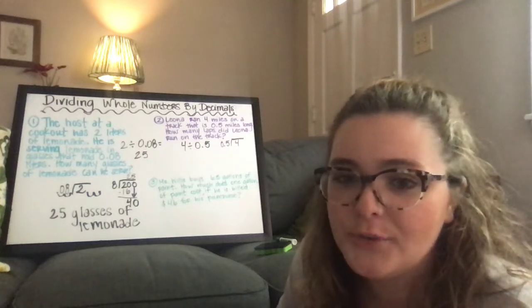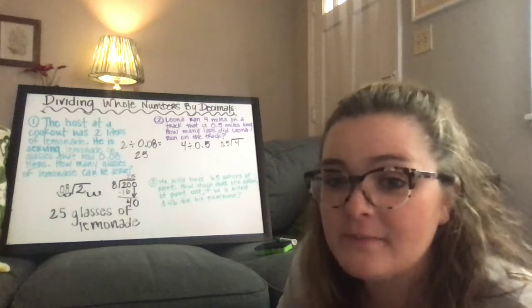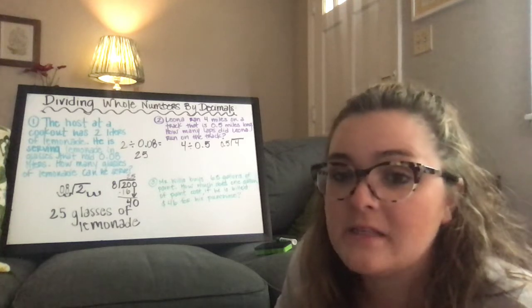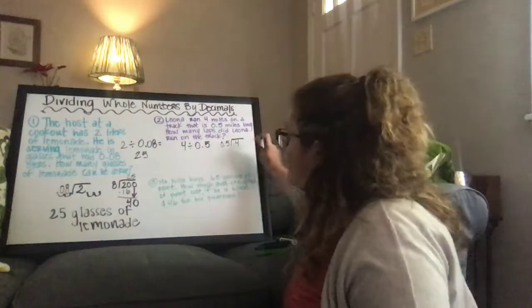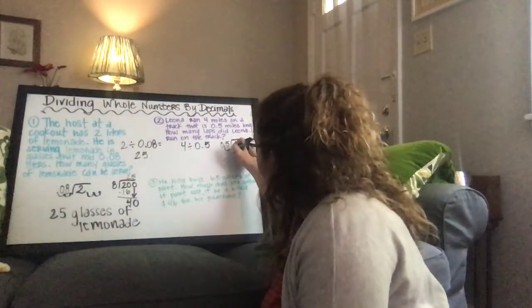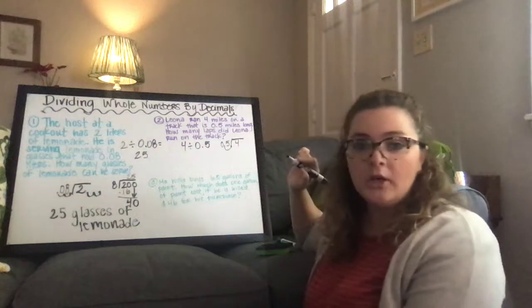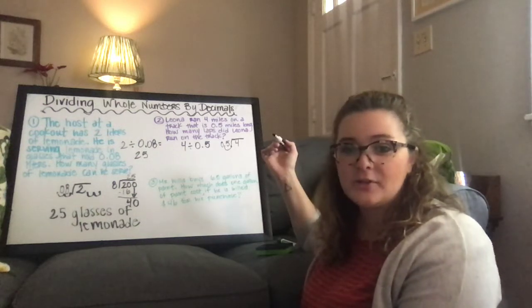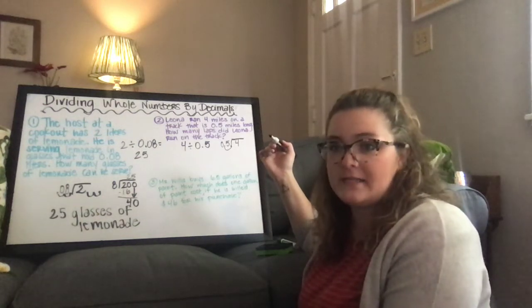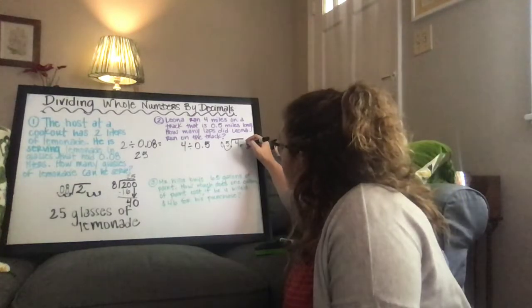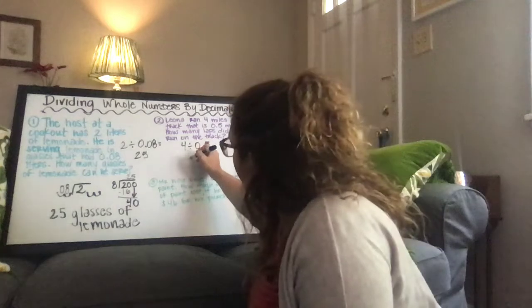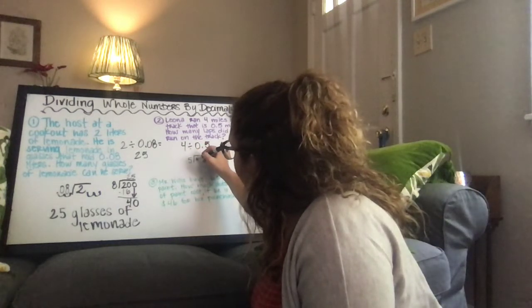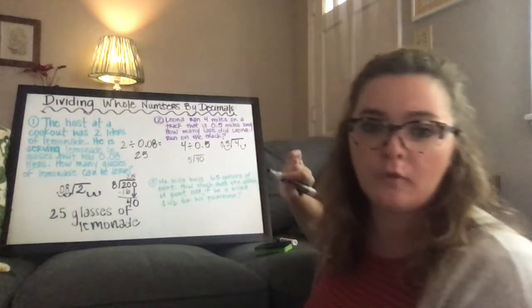So what I'm going to do here is shift my decimal place to make my divisor usable, okay? Here I only have to shift it once, which means I'm only multiplying by 10. But I can't just multiply my divisor by 10 and not multiply my dividend by 10. So 4 shifted over once, multiplying by 10, gives me 40. So now my equation is how many times can the whole number 5 go into 40?